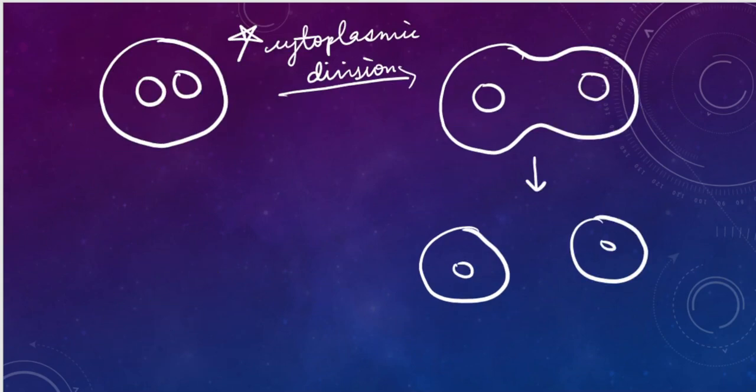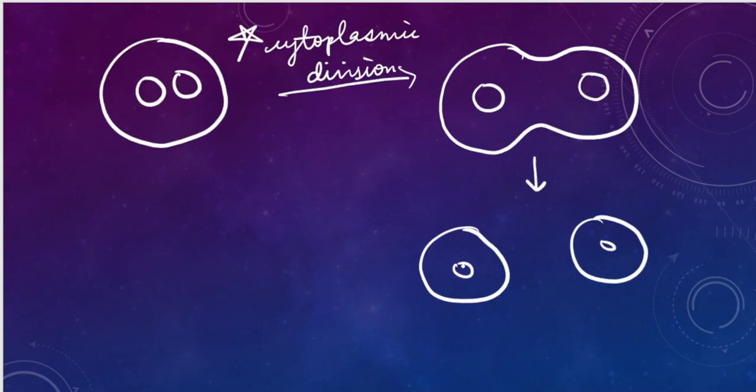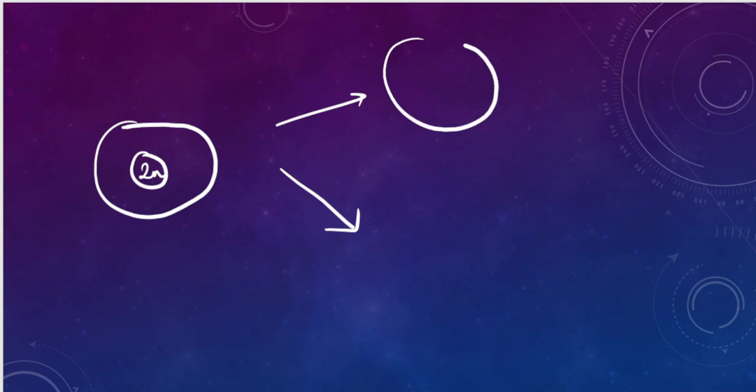If I had taken a diploid number of chromosomes, then afterwards these two cells will also have a diploid number of chromosomes. In short, in mitosis, if the number is diploid, then we get the same number of chromosomes in the daughter cells.